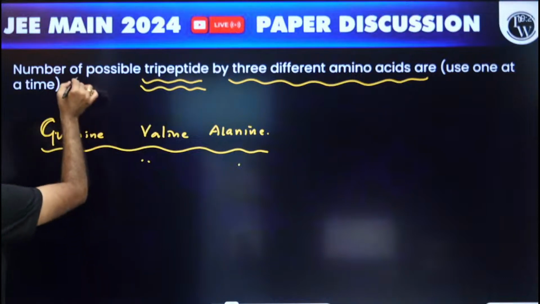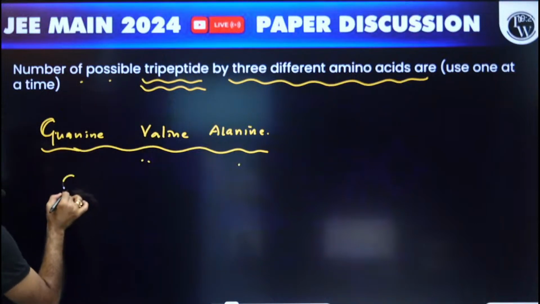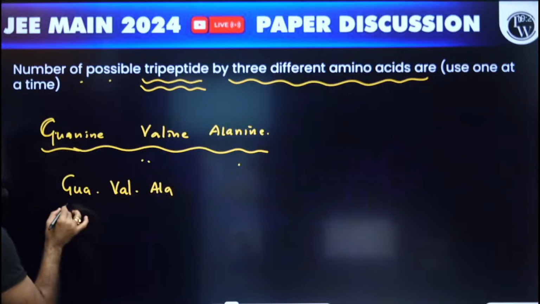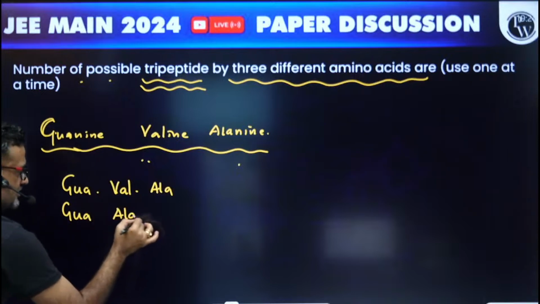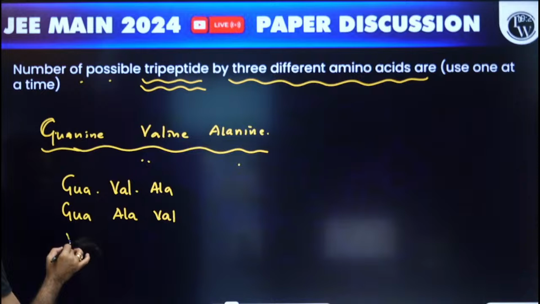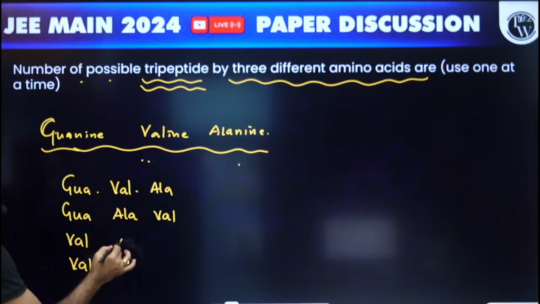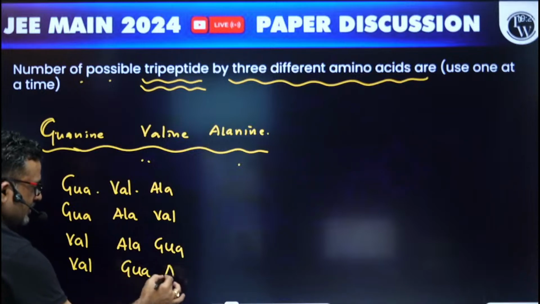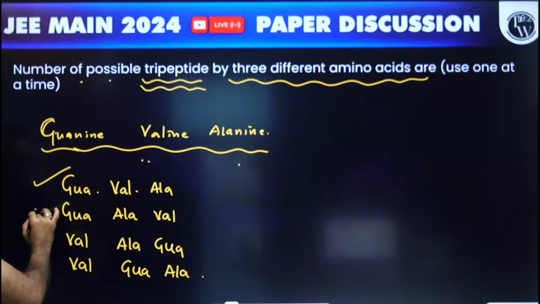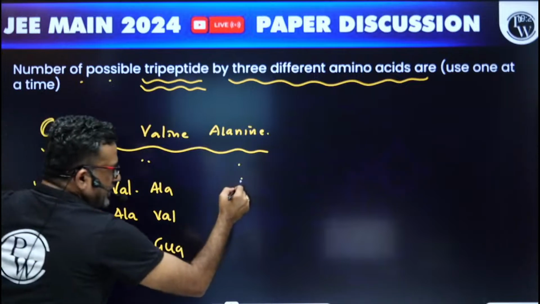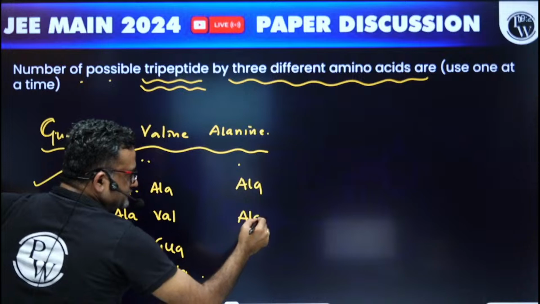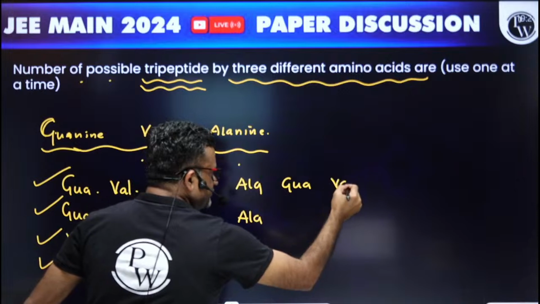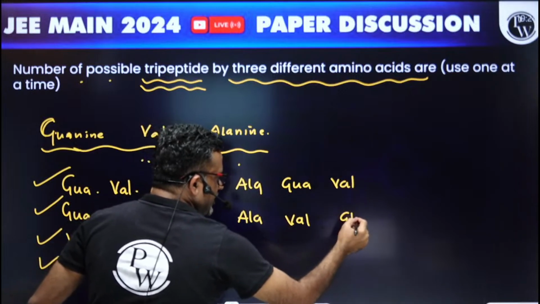So how many tripeptides are possible? If you go with glycine, valine and alanine, or glycine, alanine and valine, this is one combination, right? Then valine, alanine, glycine; then alanine, glycine, valine; then alanine, valine, glycine; and valine, glycine, alanine.